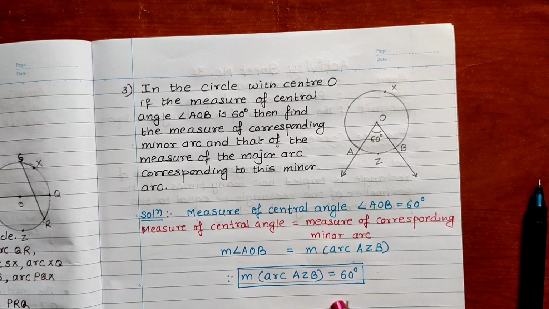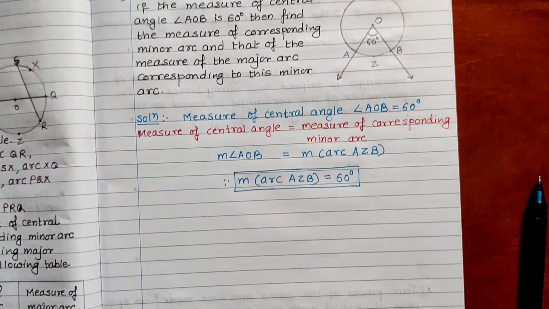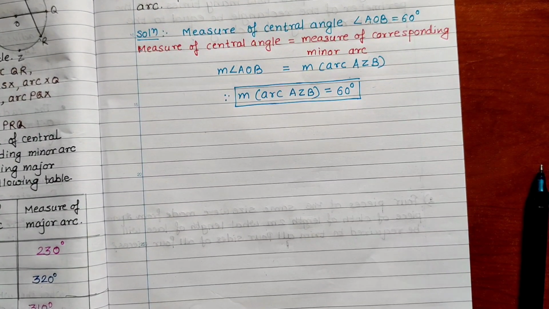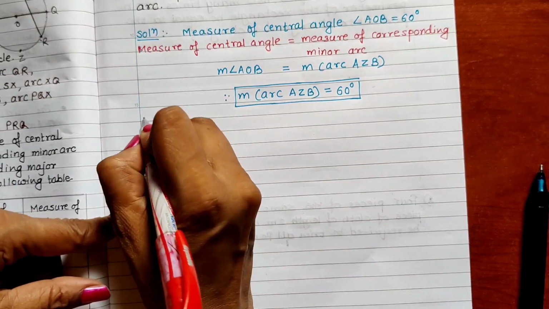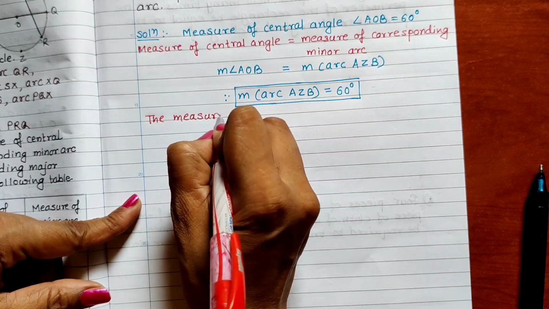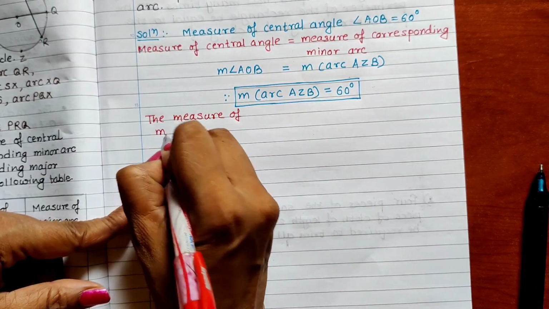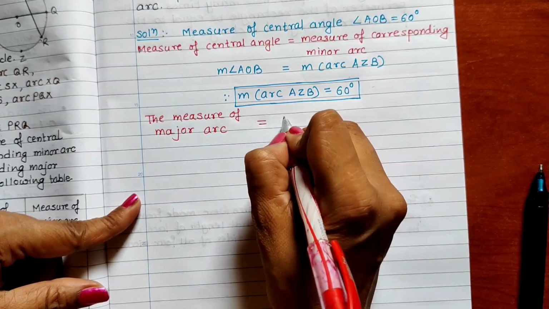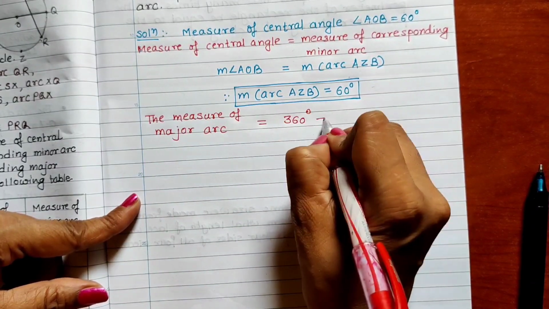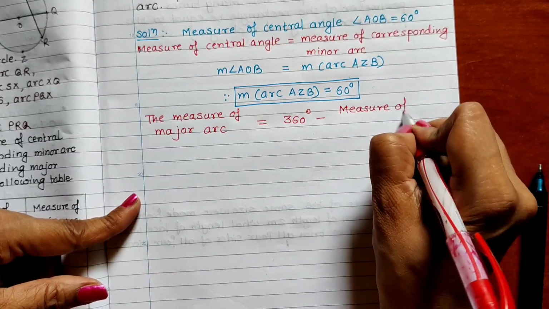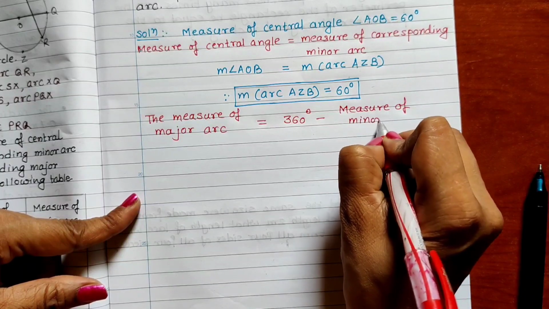From the minor arc we can get the major arc. How? By applying the formula. So let us apply the formula. The measure of major arc is equal to 360 degrees minus measure of minor arc.